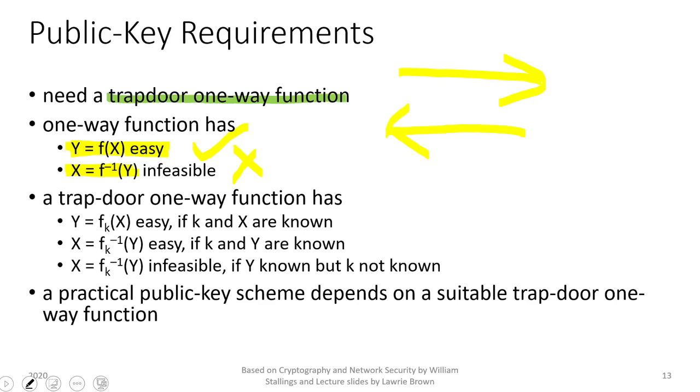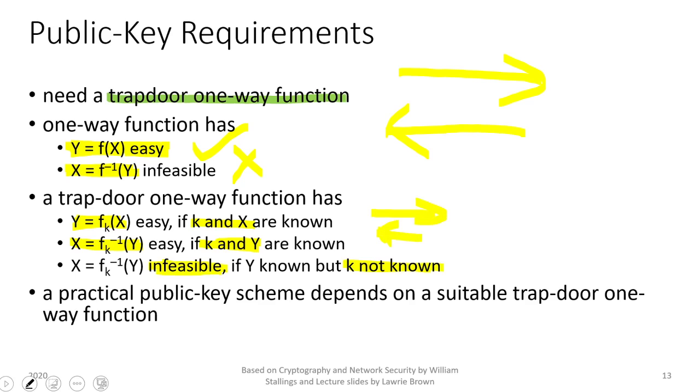A trapdoor one-way function is one where we would additionally have a key in this mix, and if we know the key, we can easily do the conversion, and also if we know the key, we can do the reverse. So if the key is known, both operations are easy, both directions are easy. But if the key is not known, then it should be infeasible.